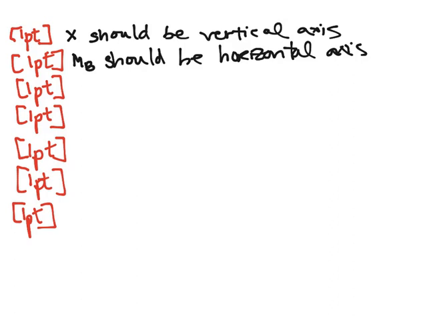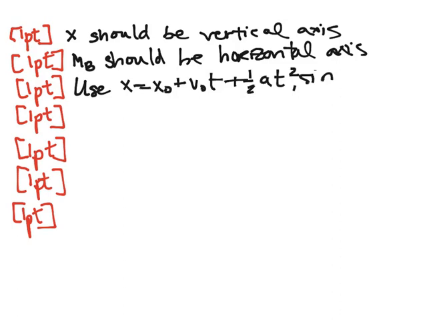There's 1 point for indicating that you need to use the first kinematics equation, so using x equals x naught plus v naught t plus 1/2 a t squared, since we know x and t.